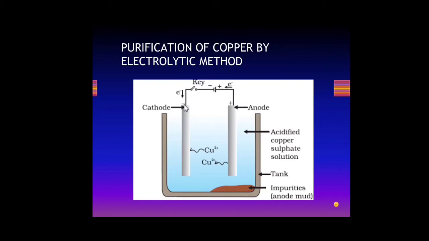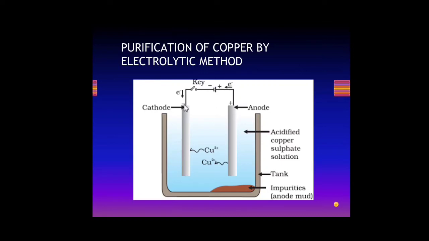Same thing, copper sulfate will split up into copper and sulfate ions. From the anode, copper ions will get deposited onto the cathode via the electrolyte of copper sulfate. So copper sulfate will remain as it is, and we will have pure copper getting deposited on the cathode. The anode loses electrons, forms copper ions.